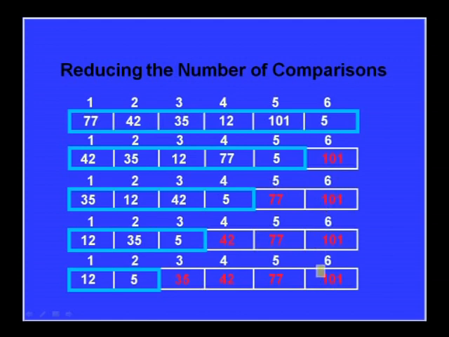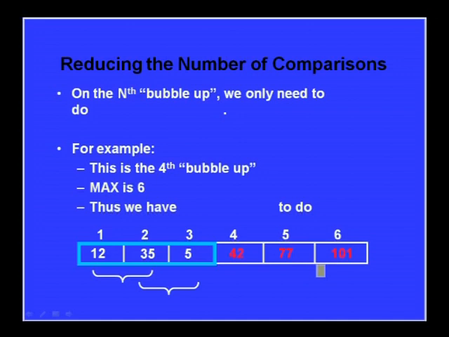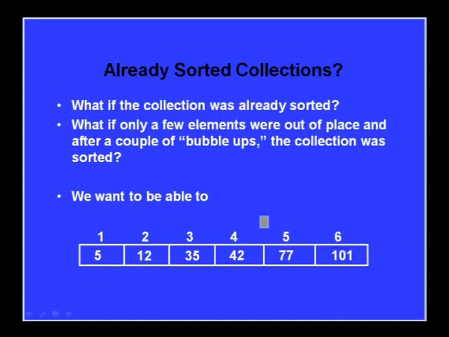So like this, at each iteration or at each pass, we are reducing the number of comparisons too. So at the final stage, that is on the nth bubble up, that is the nth iteration, we are going to have just the 2 comparisons.